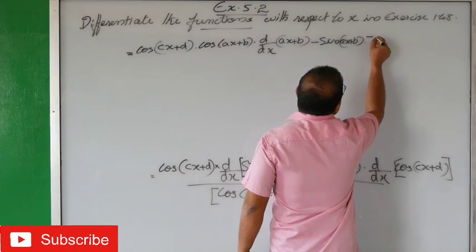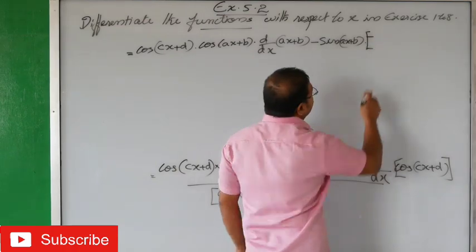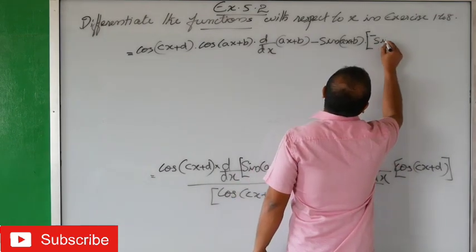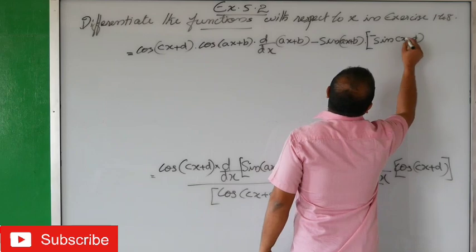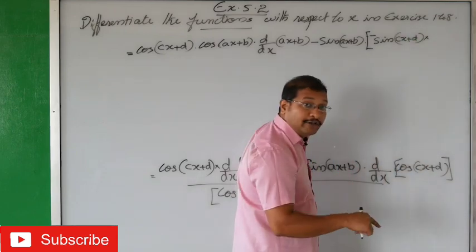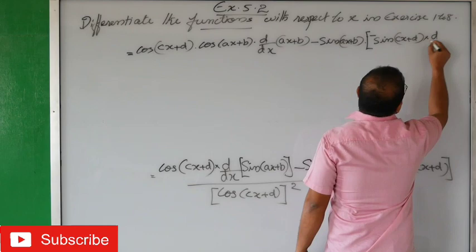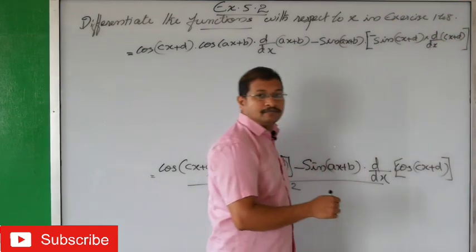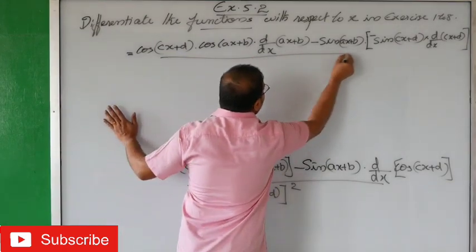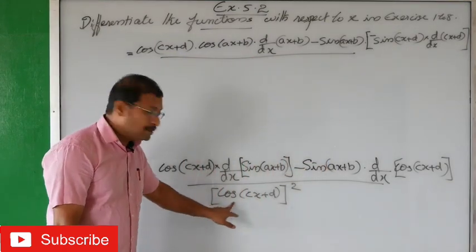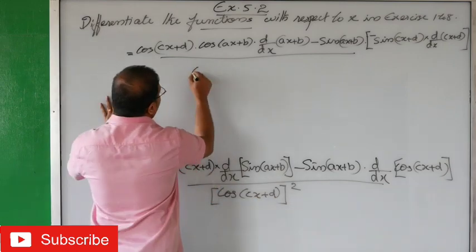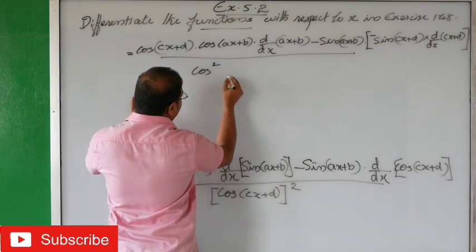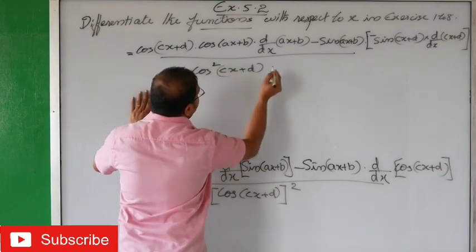That means you will get minus, I think we can write in bracket, minus sine cx plus d into derivative of cx plus d, divided by, now cos cx plus d the whole square. Cos cx plus d the whole square means what you can write? Cos square cx plus d.